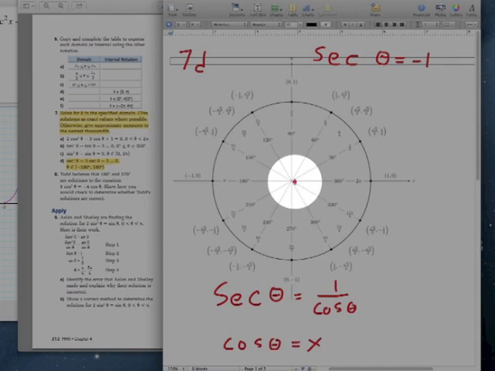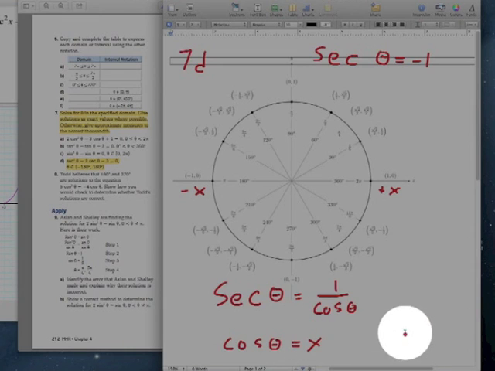We're going to be wanting to find out where the x value is equal to -1. So our negative x's are here and here. Using our knowledge from down here, I know that -1 is going to have to be equal to 1 over cos theta.